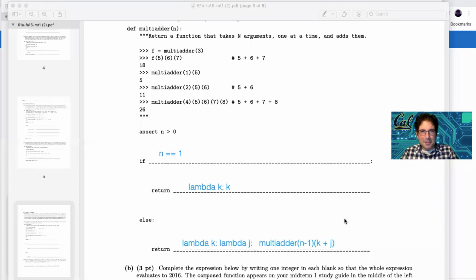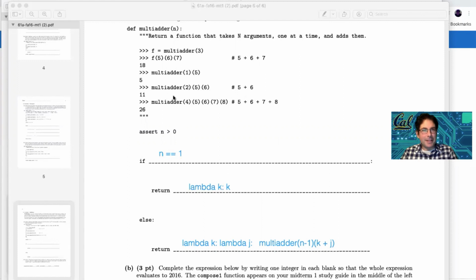Yeah, we might be done with this question. So now we'll just check and see what happens. If we pass in n equals 3 originally, then we end up in this case, we return a function that takes k and j, which would be 5 and 6. Those will eventually get passed in. And what we'll return is a multiadder that takes a sequence of 2 arguments, where the first one is 11, which means it still needs to take one more argument. That one more argument would be 7.